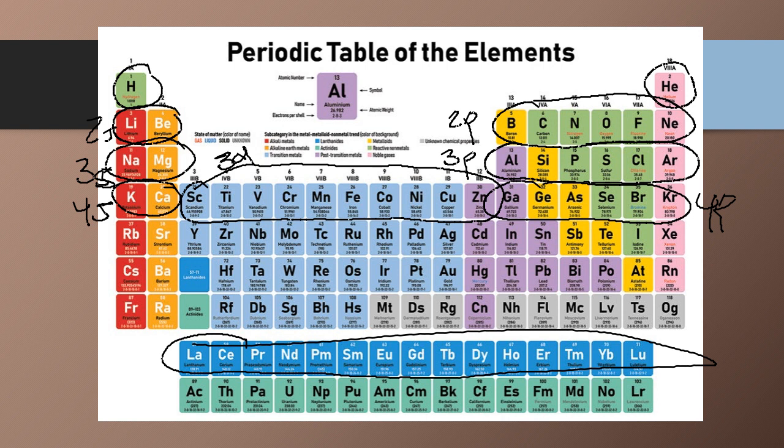And so we can figure out what shell they're on in terms of finding all of the structures of these atoms. But the main thing I wanted you to see was that it directly relates to what you have here in the periodic table.